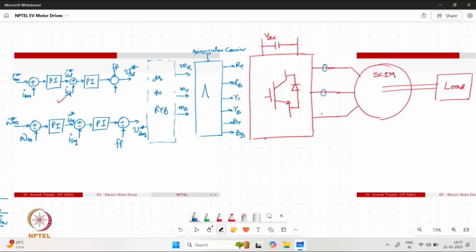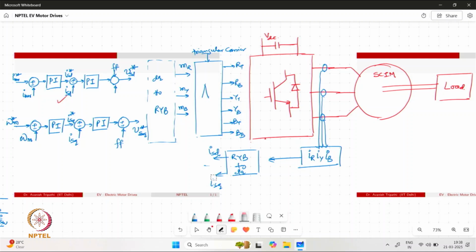So the feedback of three-phase or two-phase current from this system can be taken, IR, IY, IB, and this can be ultimately transformed to ID, IQ, which are used for the feedback process for the controllers.